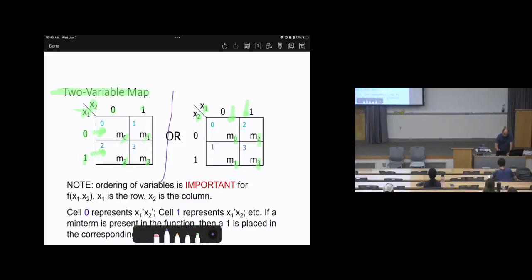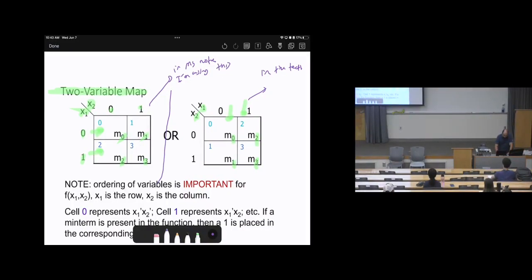In my notes, I'm using this one. In the textbook, they are using this one. So there are differences. When I prepared the notes, I did it the way I learned in my digital logic course.